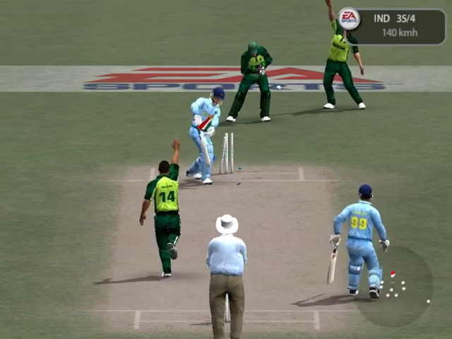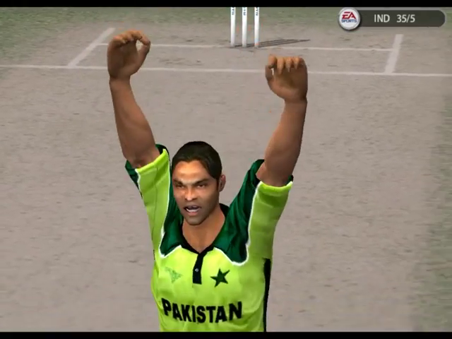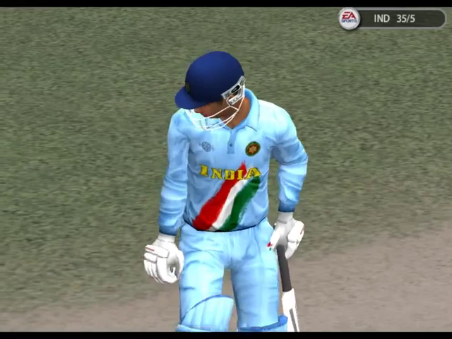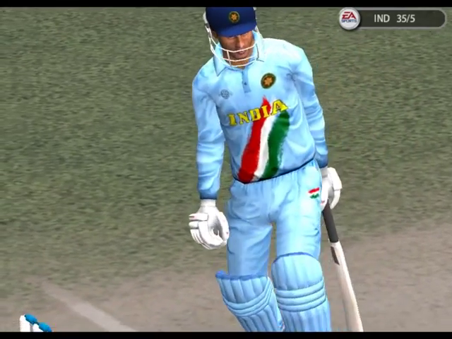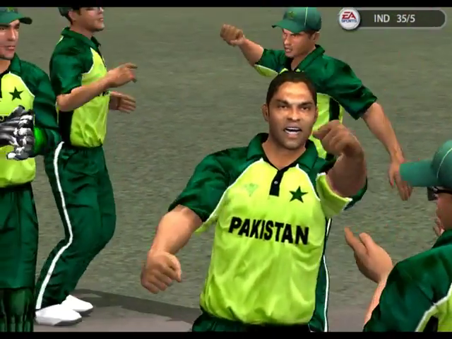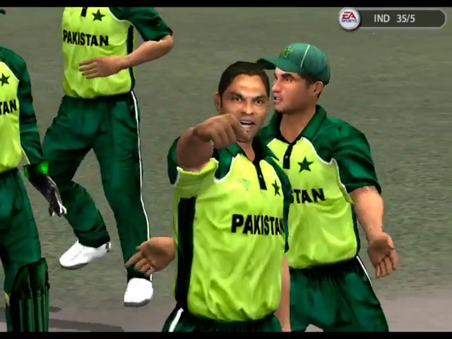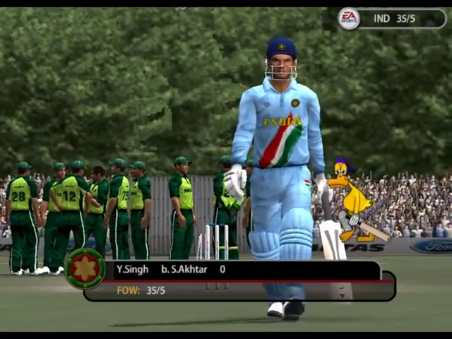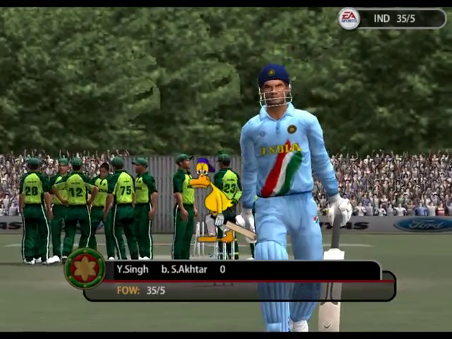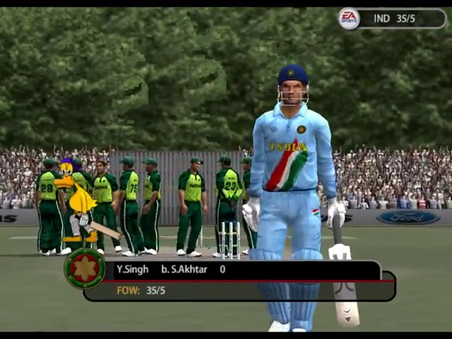Shoaib Akhtar has got him. He seemed to completely misjudge the delivery and ended up playing all around. That's the 3rd wicket now for Shoaib Akhtar. India, 5 down now for 35. Outstanding ball. He'll remember that for a long while.